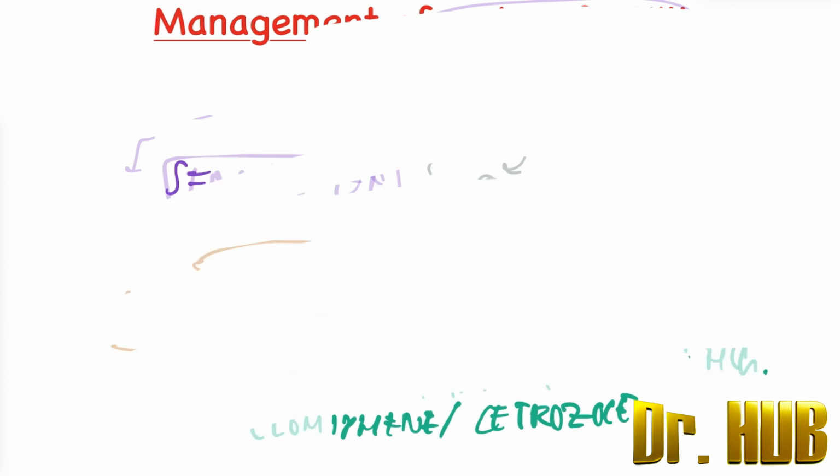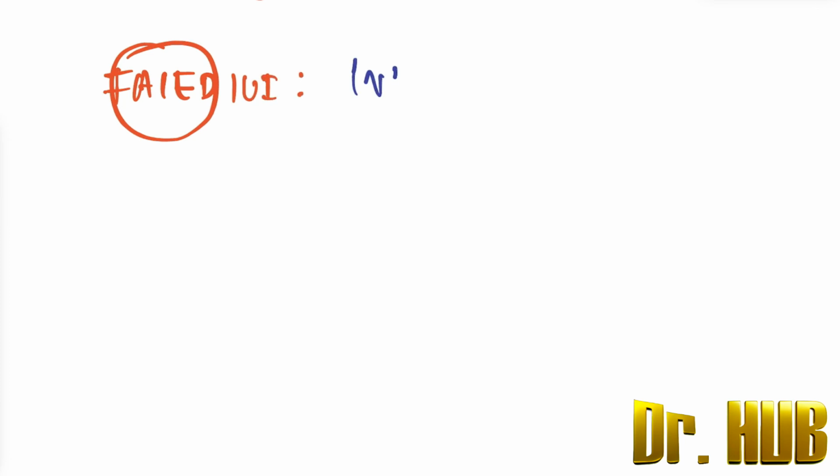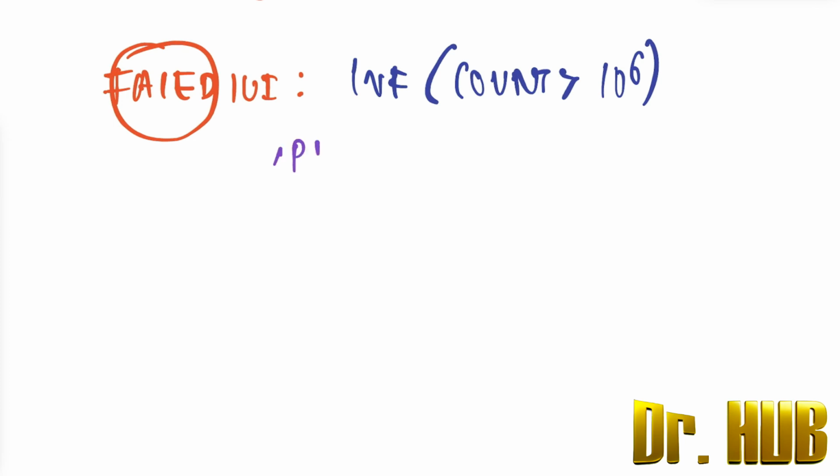Now let's look at the failed IUI. Under the normal findings in failed IUI, there is the IVF, where the count is greater than 10 to the power 6 with progressive motile sperms.